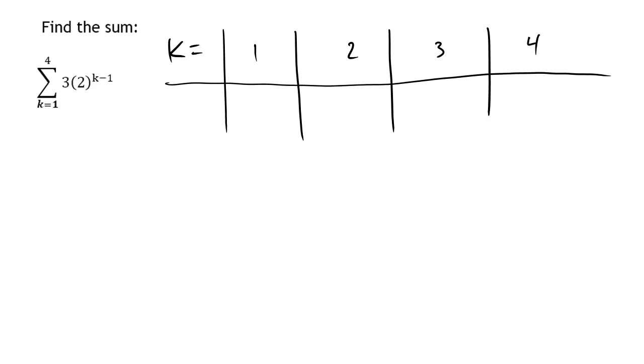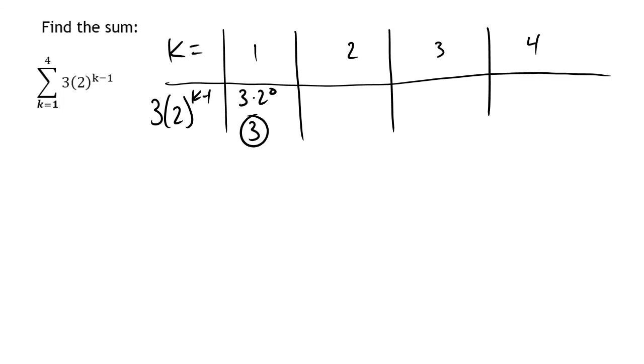I'm going to find each of these individual terms and then add them together. Each time it's 3 times 2 raised to the k minus 1 power. So when k is 1, this becomes 3 times 2 to the 0 power, which is 3 times 1, or 3. That's my first value.